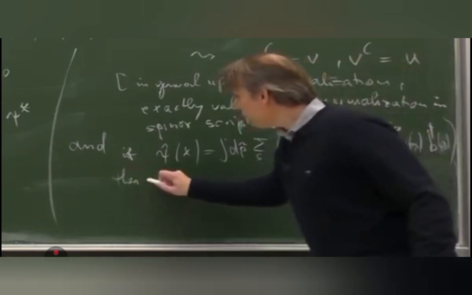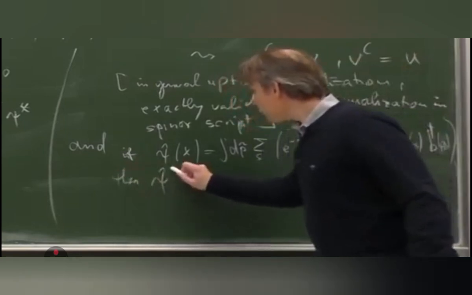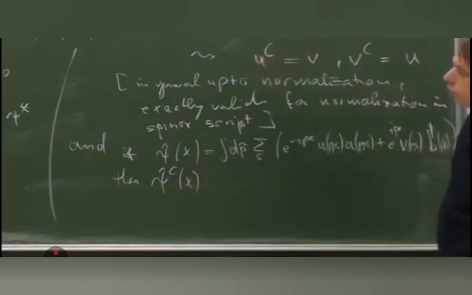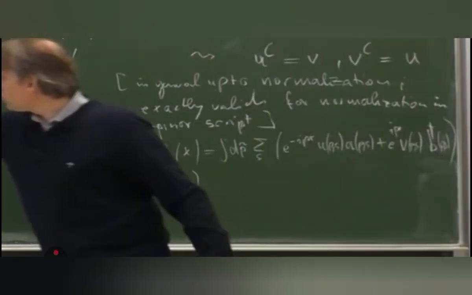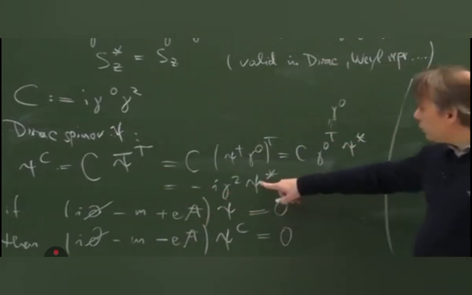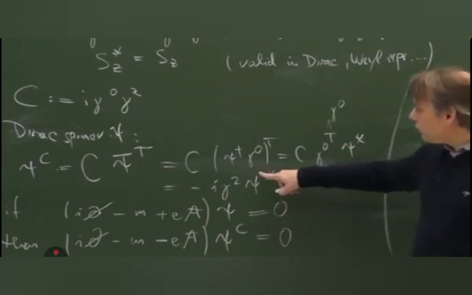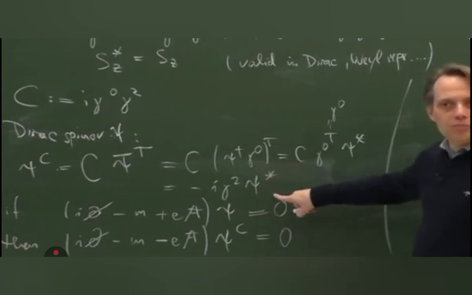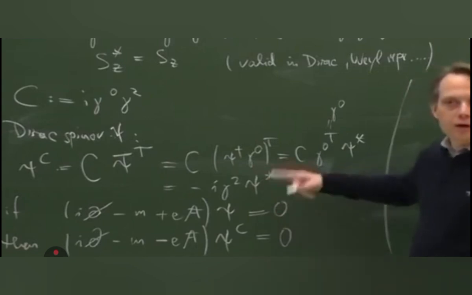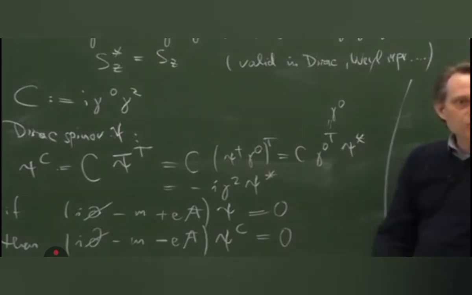Then the charge conjugated field operator, where now charge conjugation means literally this thing here, or equivalently that, where if you put in an operator, that would mean that you take the spinor with its 4 operator components, and in each component you dagger it. Star becomes dagger, but for each component.